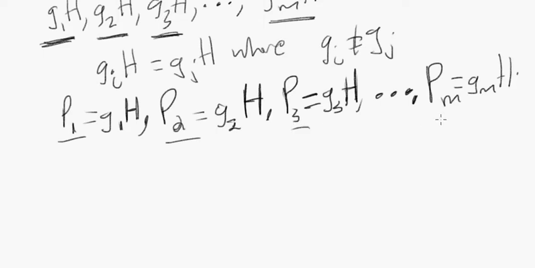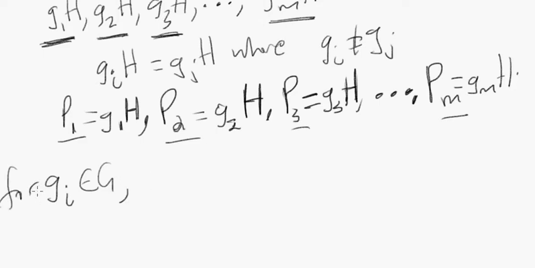Let's see if these partitions satisfy any of the properties we're looking for. For instance, if we pick some element gi of G, is it true that gi lies in some partition? Let's first start with that question.